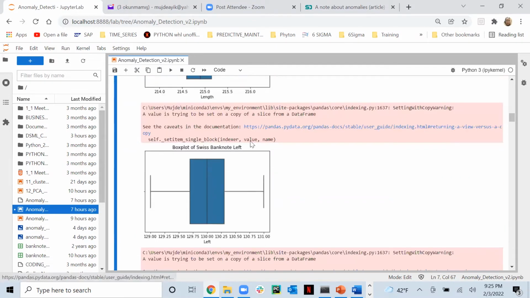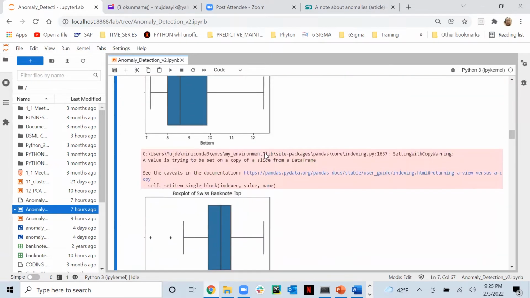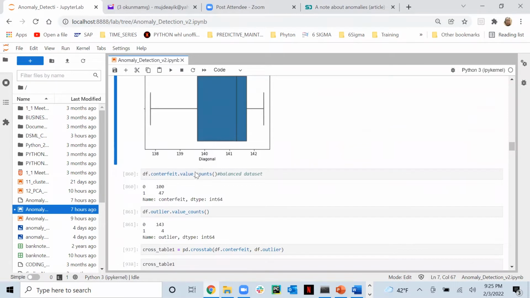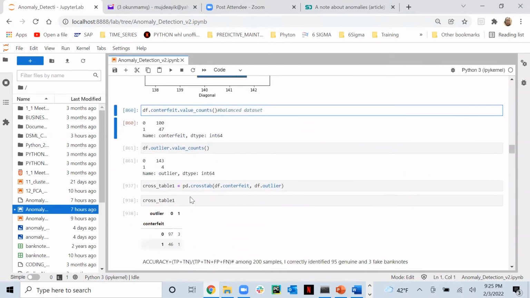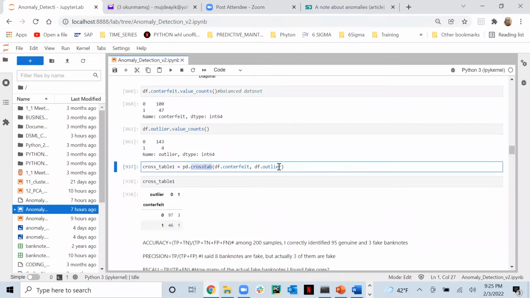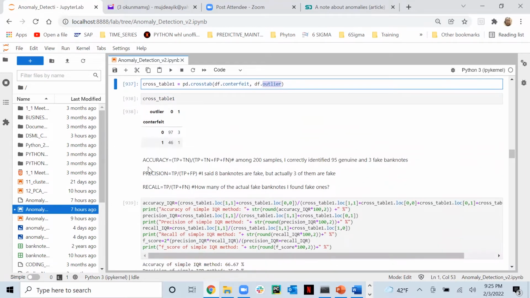These are visually easy to identify, especially in one dimension like this. Then I have set my outliers. If I look at the cross table between the actual values and what I have identified as outliers, without using those labels, I see my true positives and true negatives and so on.